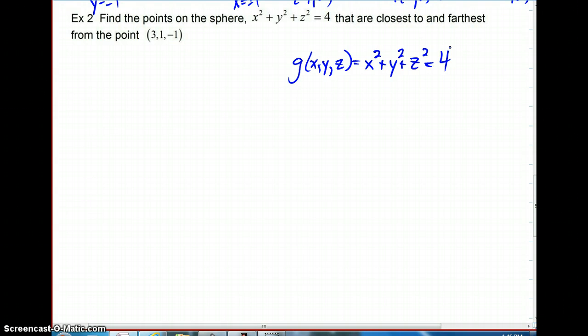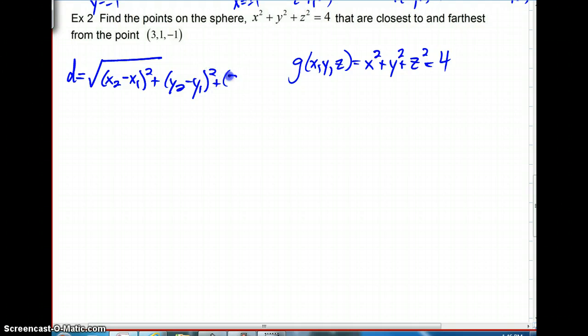And what we're trying to optimize, what we're trying to find the largest and smallest function value for, is the distance formula. The distance formula in 3 dimensions is (x2 minus x1) squared plus (y2 minus y1) squared plus (z2 minus z1) squared. And what we're seeing is we've just got some arbitrary point on the sphere.